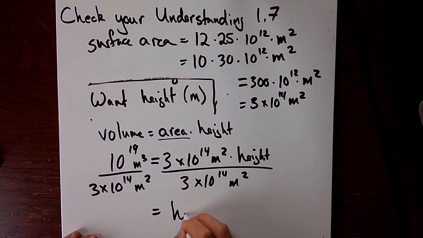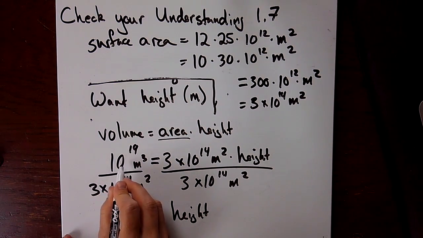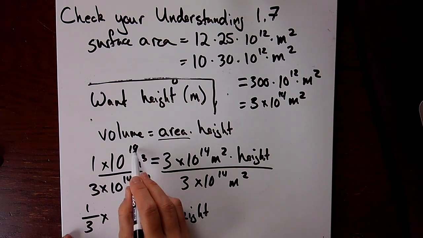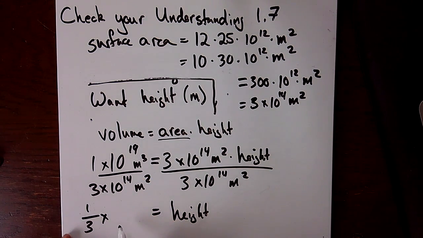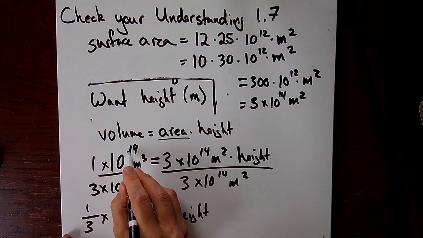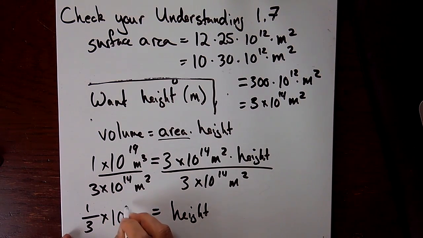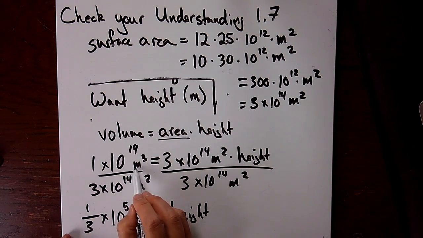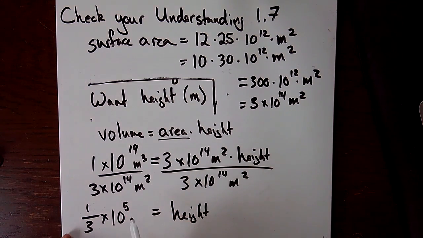And we will have height equals, well, this is the same as having a 1 here, so we'll do our scientific notation term. 1 over 3 times 10 to the 19th over 10 to the 14th. That is going to be 10 to the 19 minus 14, or 10 to the 5th, meters cubed over meters squared. That is going to be meters to the 3rd minus 2, or just meters. Yay, those are the units we're looking for.